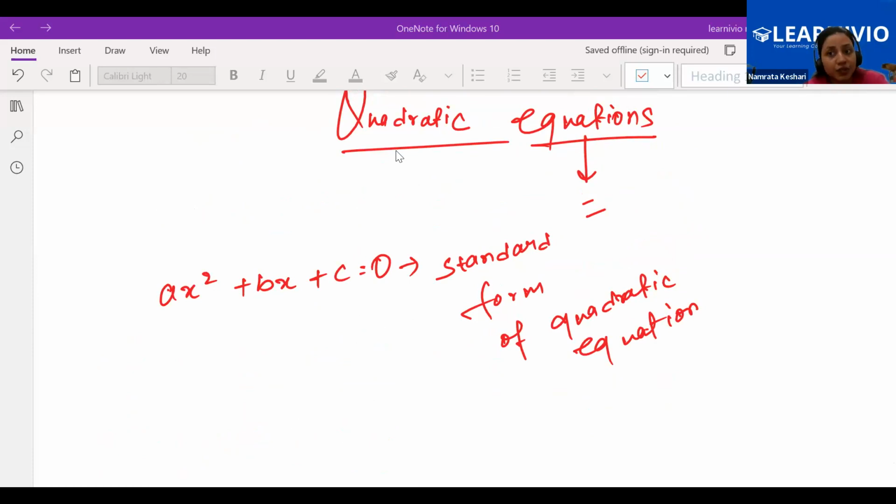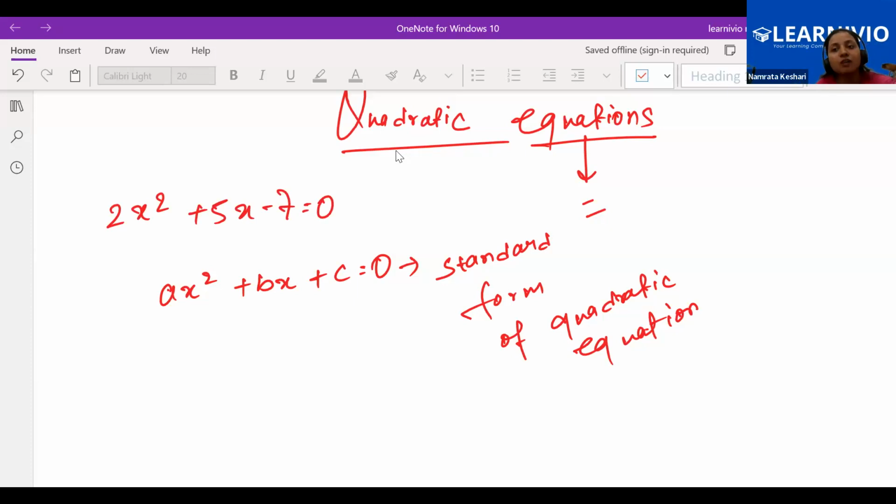So here we will be having equality sign. And yes, here also the degree, the highest power of the variable will be 2 only. And this is the standard form of quadratic equation, that is ax square plus bx plus c is equals to 0. Okay. And if we are having an equation, let's say 2x square plus 5x minus 7 is equals to 0. This is a quadratic equation.